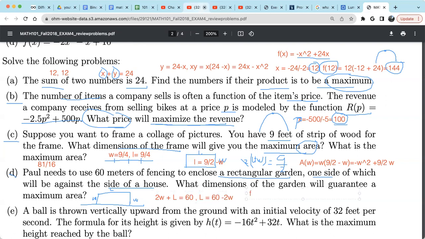So I want to form a function f of W equals W times L, where L is 60 minus 2W. So 60 times W is 60W positive, and negative 2W times W is negative 2W squared. We already see a downward parabola.